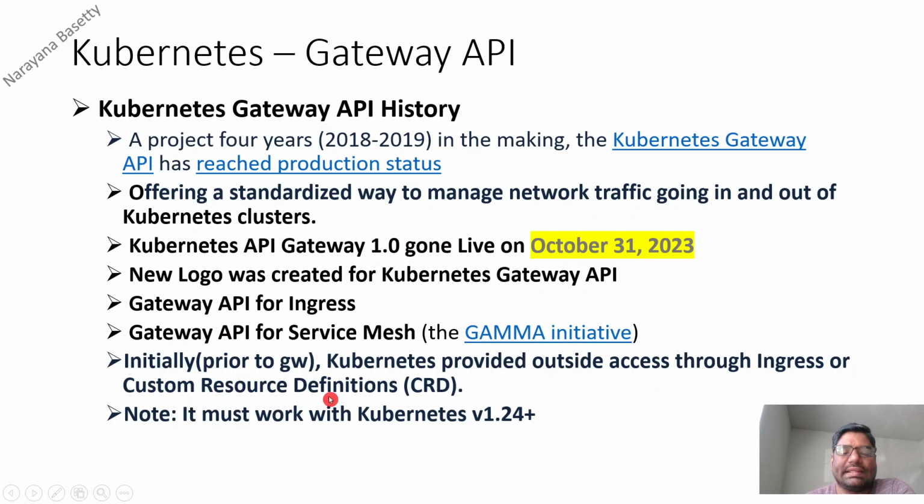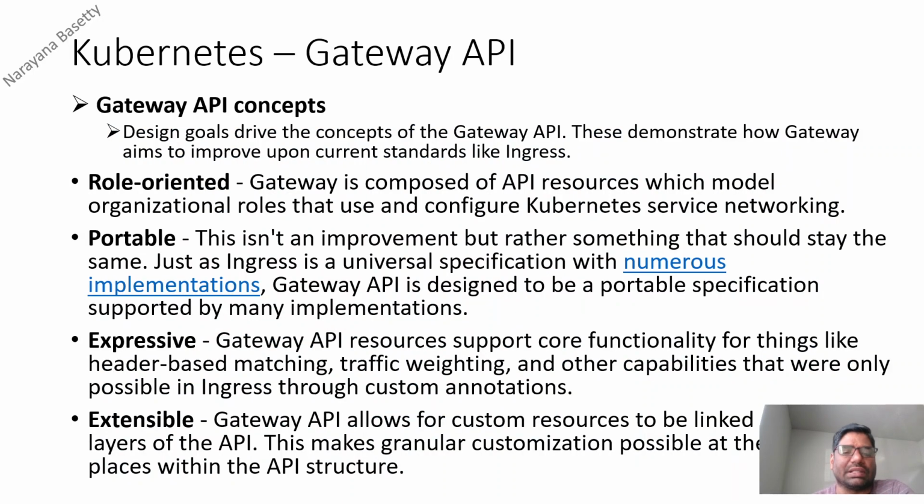Now this CRD is standardized. Whoever would like to customize can go ahead and customize according to their needs. That is a very important role it plays. This Kubernetes Gateway API requires the running version to be 1.24 plus. That is what the documentation says.